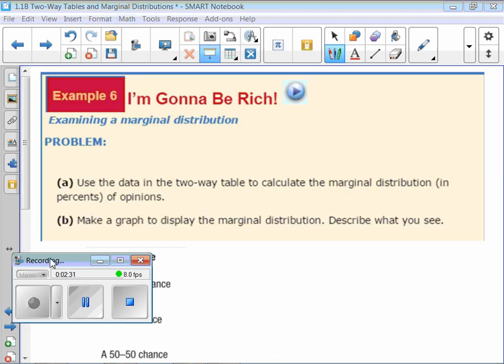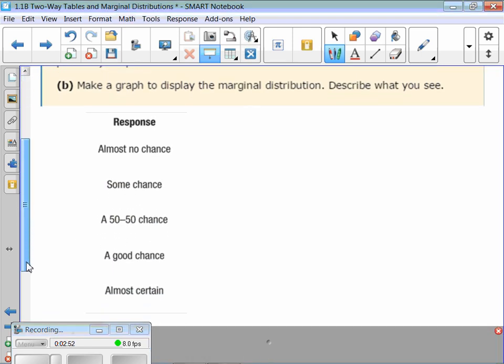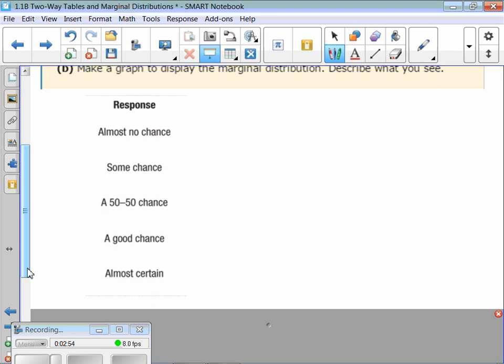All right. So here's an example of a problem you might be asked just looking at marginal distribution. Use the data in the two-way table to calculate the marginal distribution in percents of opinions. Make a graph to display the marginal distribution. Describe what you see. All right, so we're talking about opinions, and we are not separating by gender.